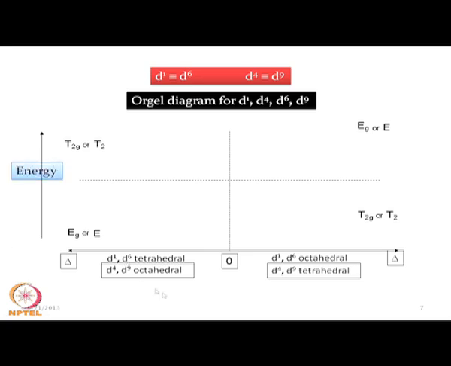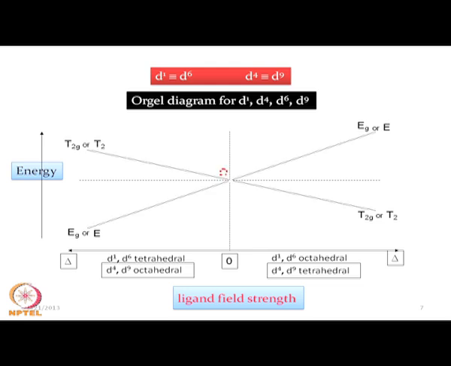We will be plotting the energy with respect to the ligand field strength, with energy on this axis and ligand field strength on the x axis, and the term we will be utilizing for the splitting comes over here, and this is our D term.